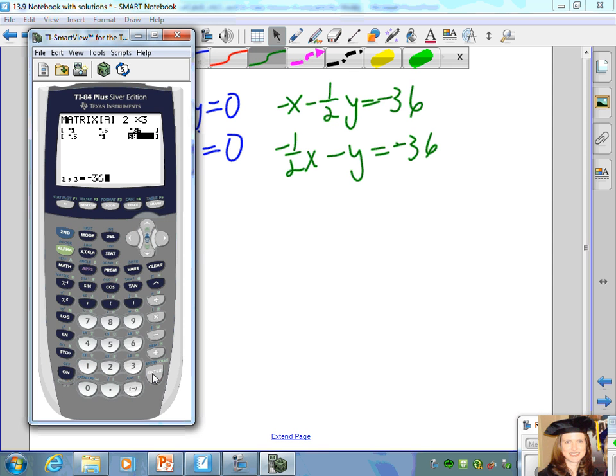So you're going to plug those into the matrix, then press second quit to get out of the edit mode. Then go back to the second matrix. You're going to go to the math menu and scroll down until you see that command for RREF. Oops, wrong one. Go to the math, scroll down.